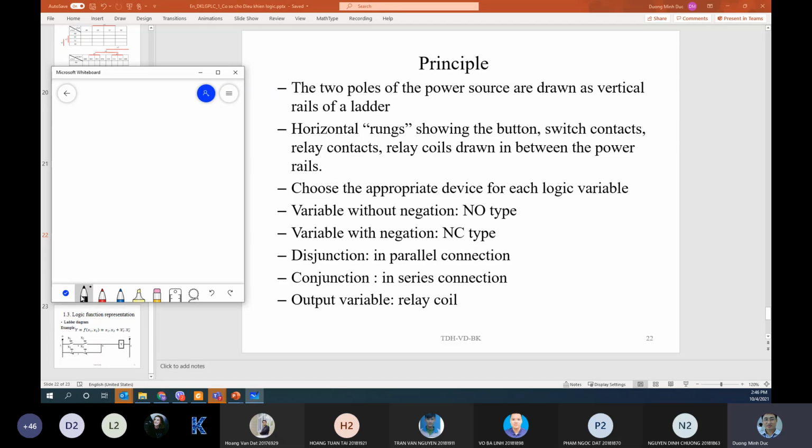We have two rails here, and these two rails correspond to the power source, for example a plus and a minus.